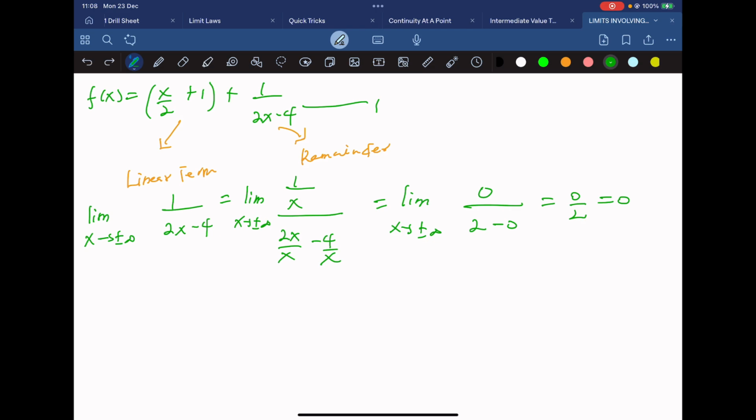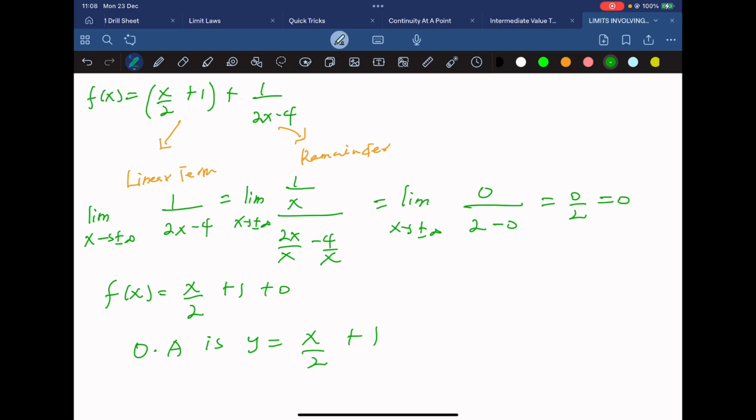So if that goes to 0, then we have our f of x to be x over 2 plus 1 plus 0, right? So our oblique asymptote is y equal to x over 2 plus 1.